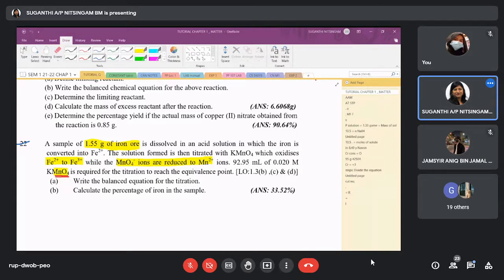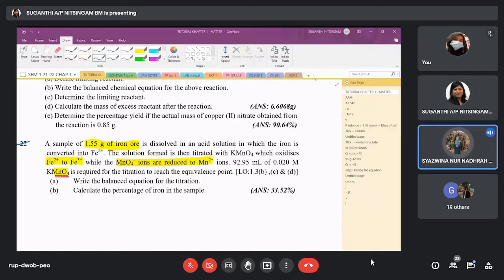Okay, kita tengok girl. Shazwina, dapat tak? Yang A ke? Ya, yang A tu dia balancekan je kan? Apa kamu dapat lepas balance tu?